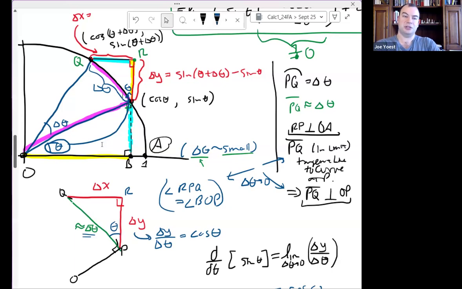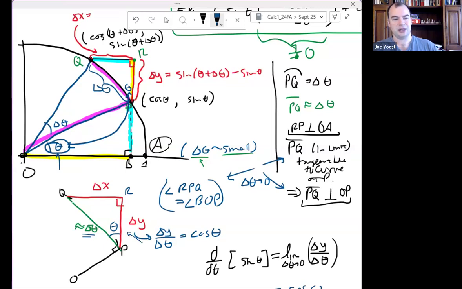Similar triangles have the same angles. So we see we've made two similar triangles, one kind of up on top of the curve and one next to the x-axis. So we were able to associate these two angles, the original angle theta that we started with at the very beginning of things, and this angle theta up here.